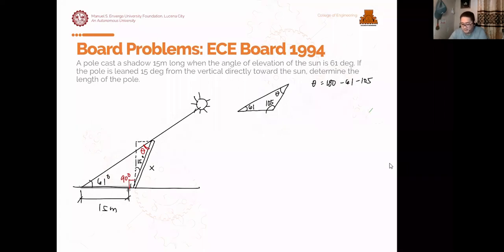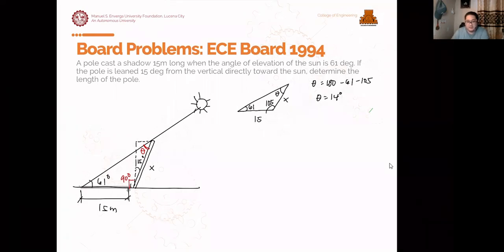And that is equals to 14 degrees. Okay? Alright? So kung meron tayong values ng angle, meron tayong side na isa, 15. So 3 angles and 1 side. Ang pinapahanap sa atin is itong length na to.